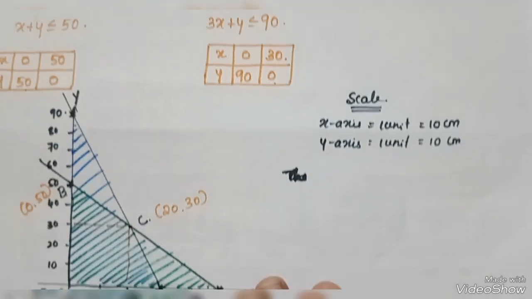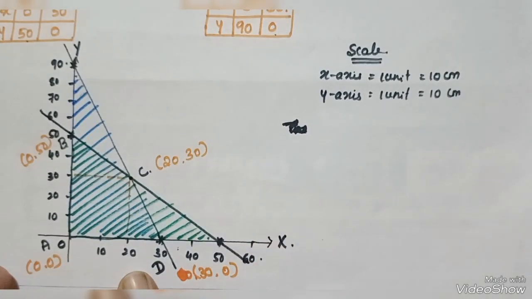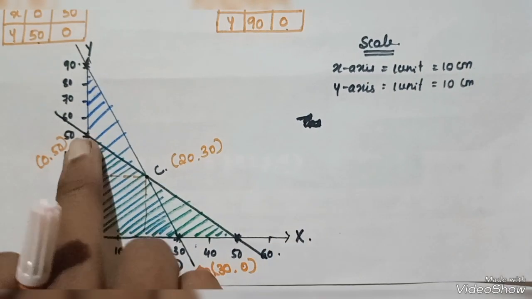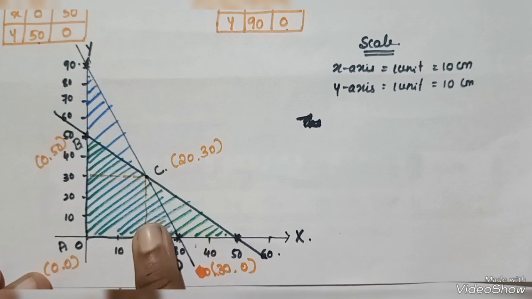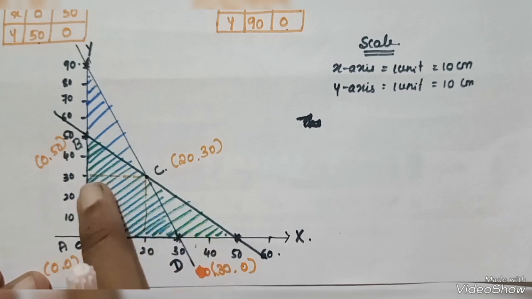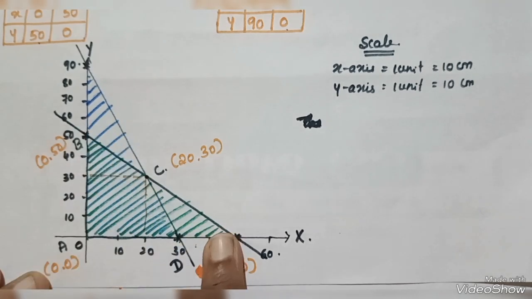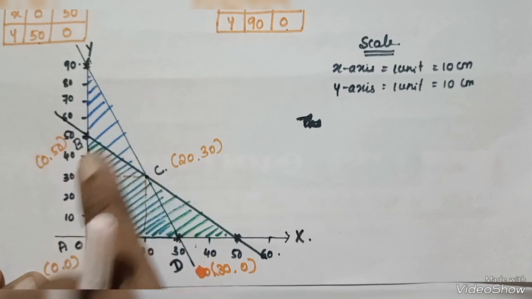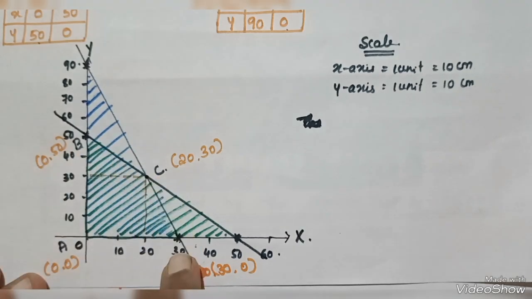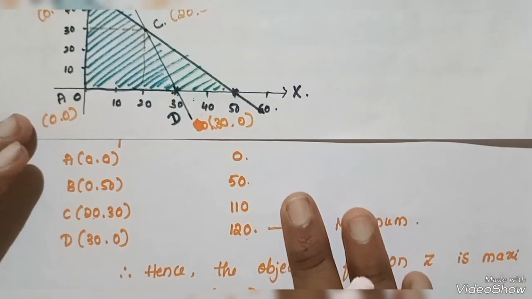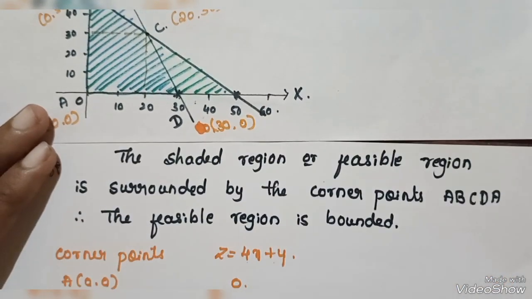After that, draw the graph, and for those points take the common region of both graphs. For that common region, we choose the corner points. After that, for those corner points, we write one point.